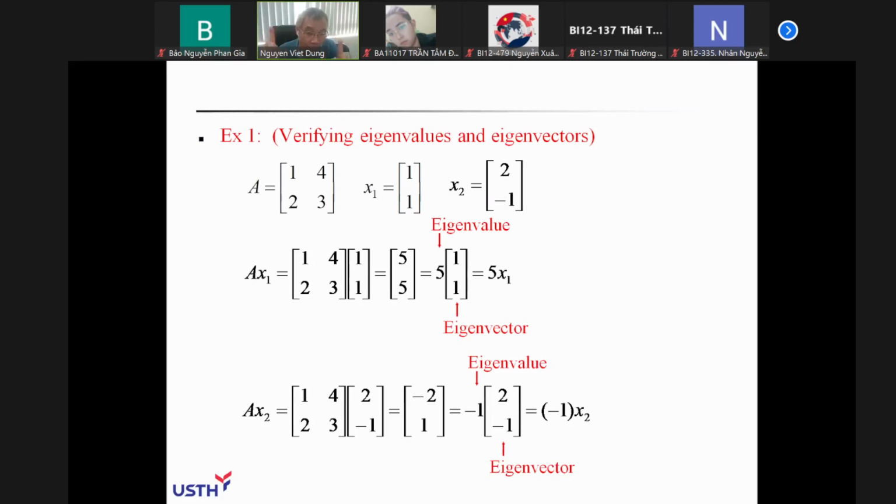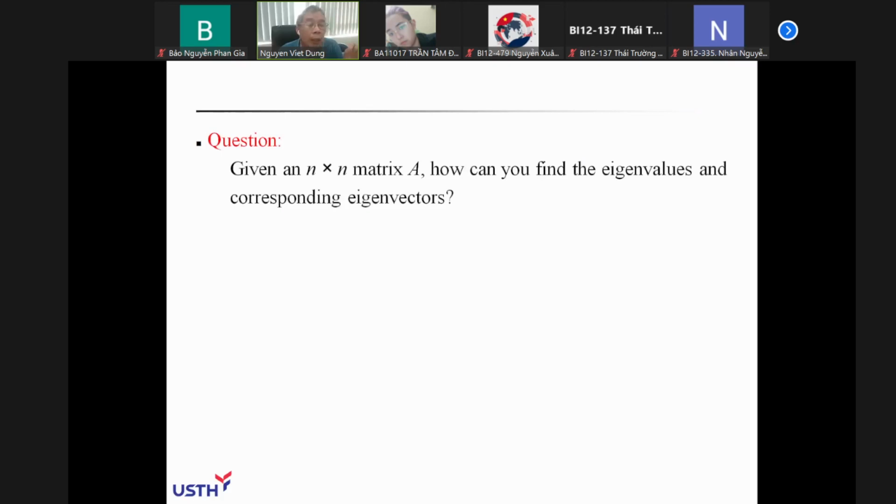Next, you need to know how to find the eigenvalues and eigenvectors. That is a very general exercise. Suppose that you are given a square matrix A of size n by n. How can you find the eigenvalues, and then the eigenvectors?